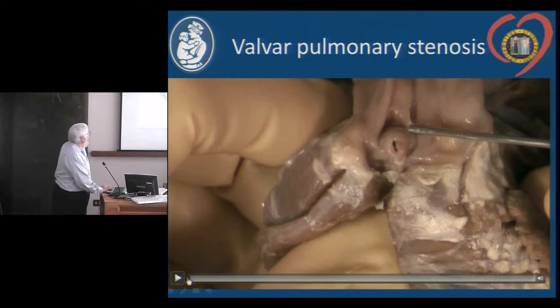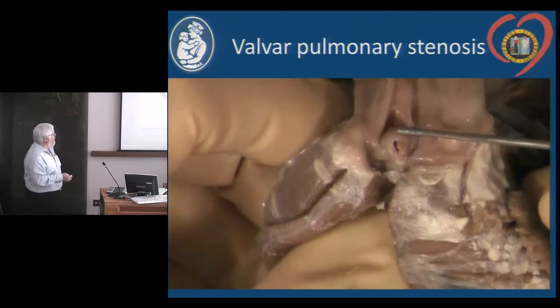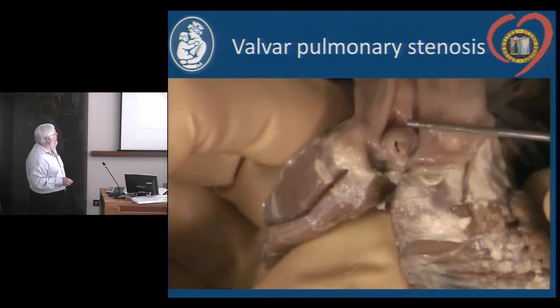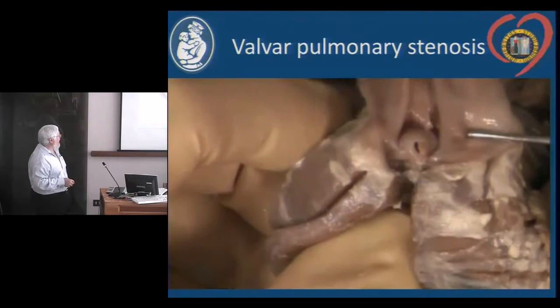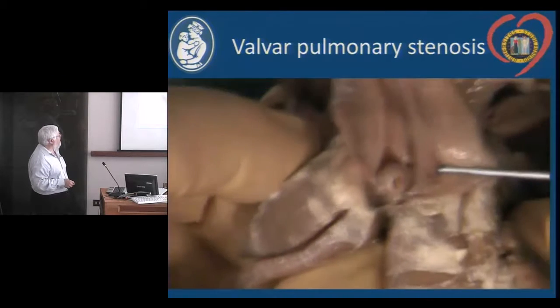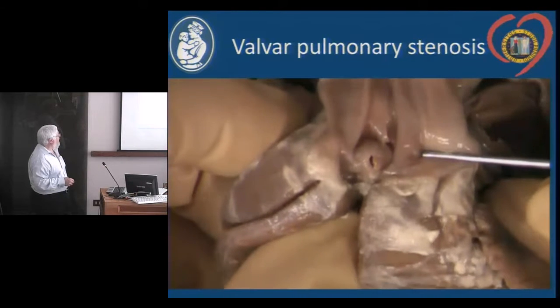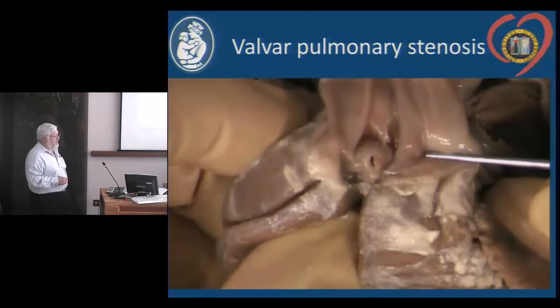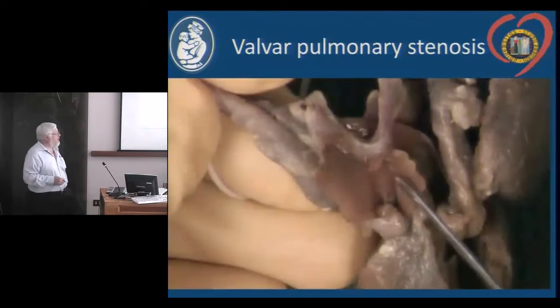Here's what the valves usually look like in this kind of stenosis. Here you can see a sort of doming little valve with absence of commissures. There's a solid leaflet that goes all the way around. You can see there's a raphe here, here, and here, so that there's really no formed commissure at all in this valve.